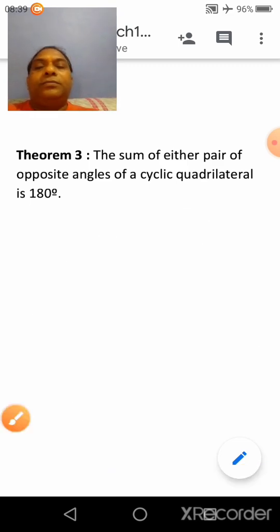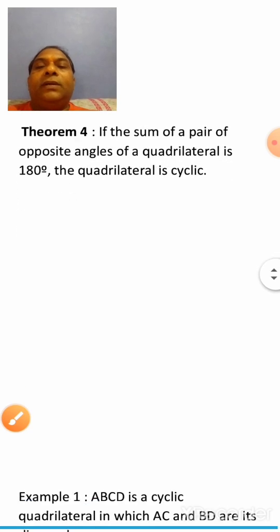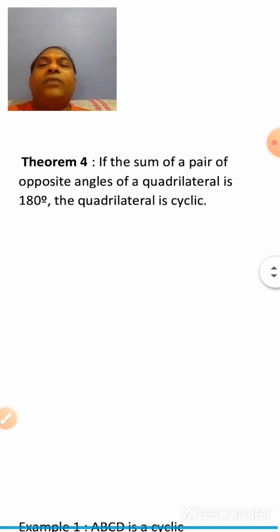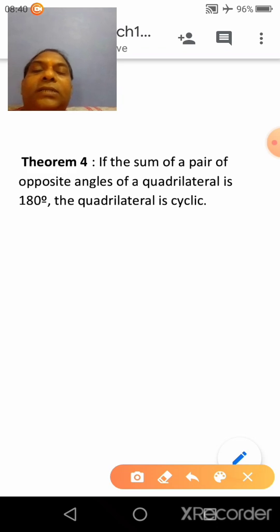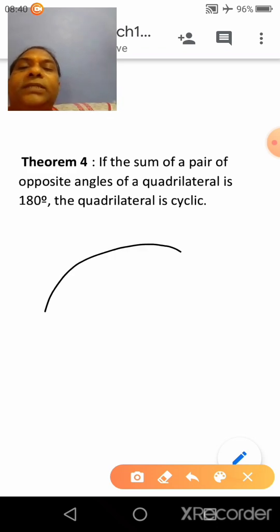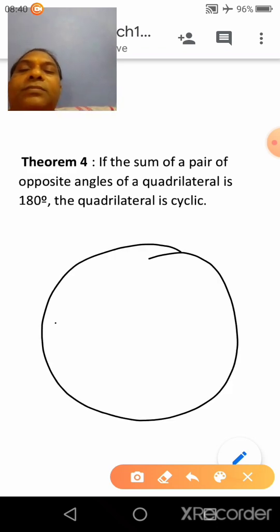Now next theorem, if the sum of a pair of opposite angles of a quadrilateral is 180 degrees, then the quadrilateral is cyclic. So this theorem is the converse of the previous theorem.